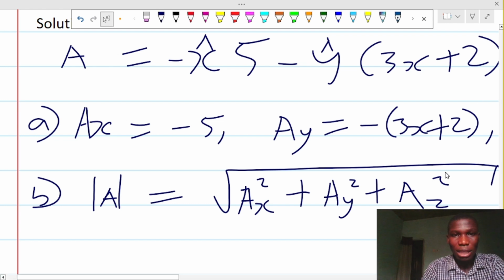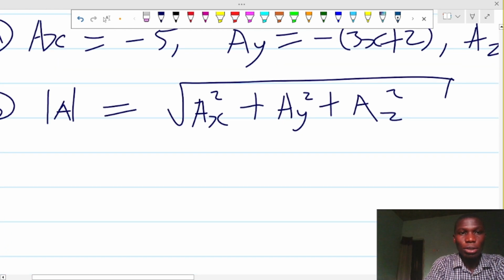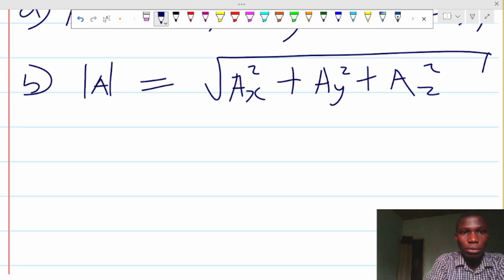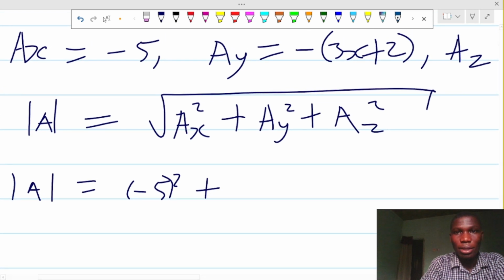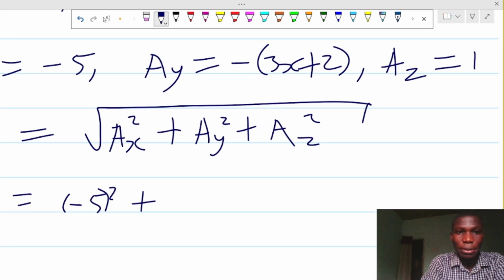Now the next step is just to put in the values. We already have ax, ay and az. So the modulus of a equals the square root of, for this, -5 squared. Of course that minus sign has no effect here. Then -3x plus 2.